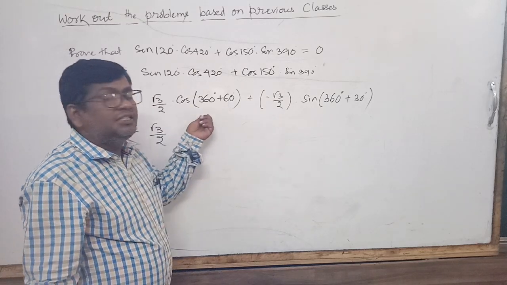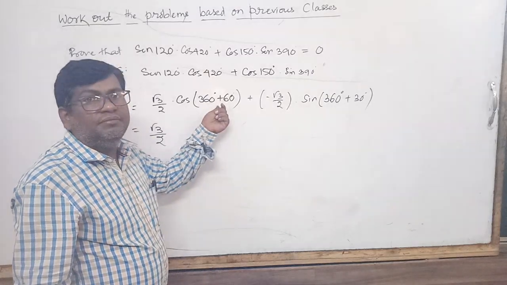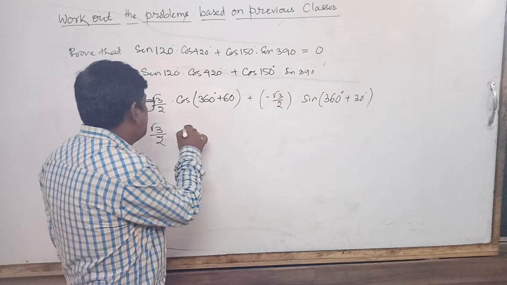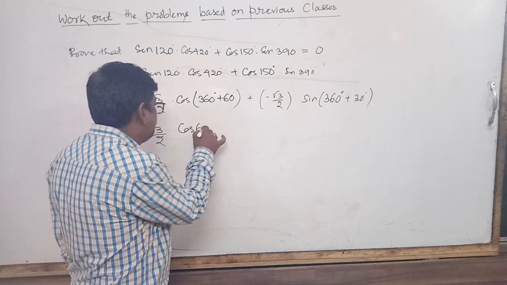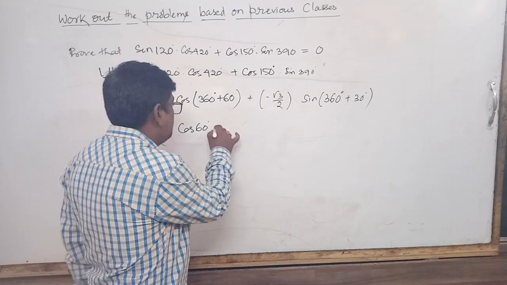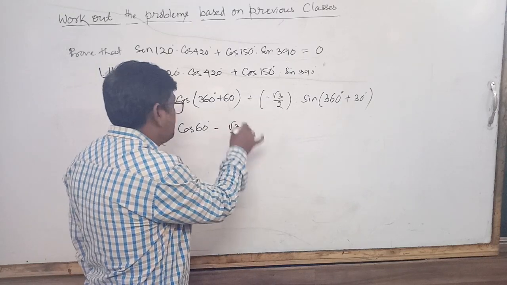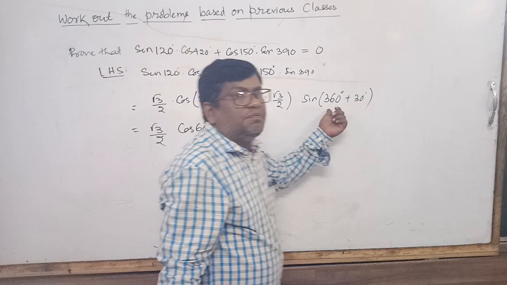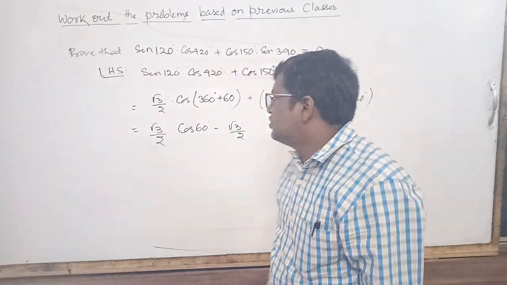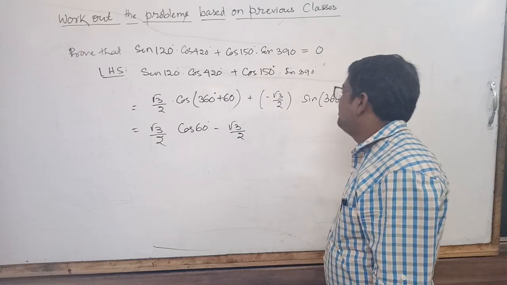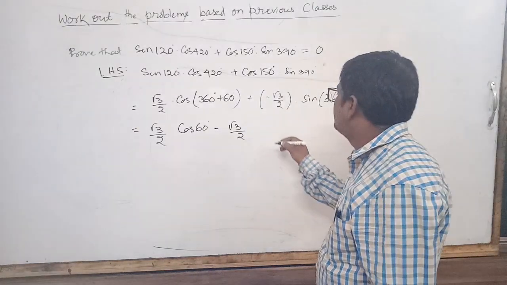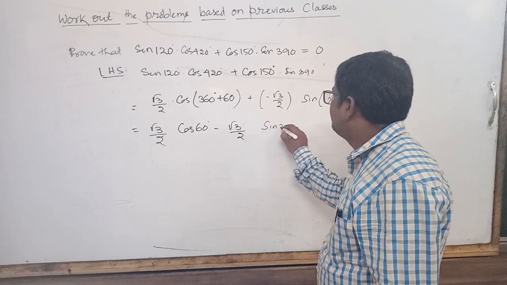Cos 360 degree plus 60 degree lies in first quadrant, so this is obviously cos 60 degree. Clear? And this is plus minus root 3 by 2. Sin 360 plus 30 degree lies in first quadrant, so it is sin 30 degree.